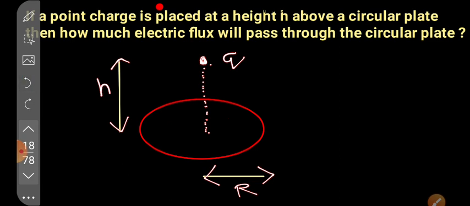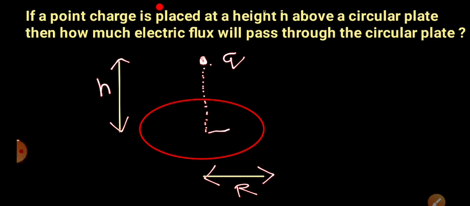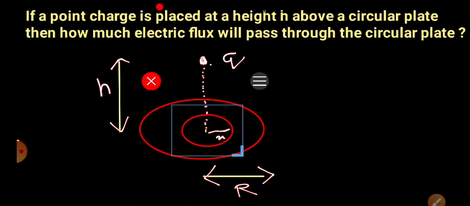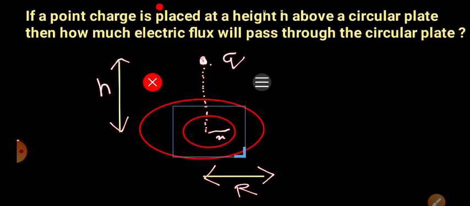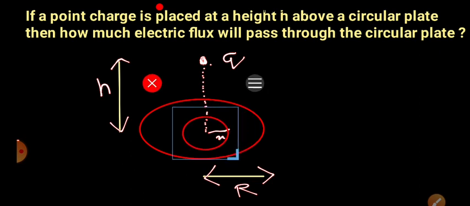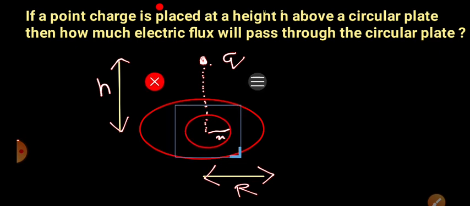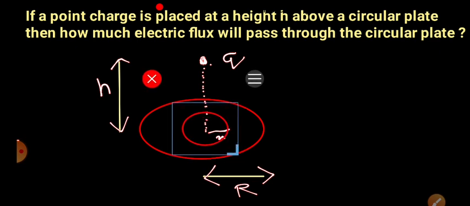So what we'll do, we'll go a distance x and consider a small region of circular area of radius x and thickness dx.